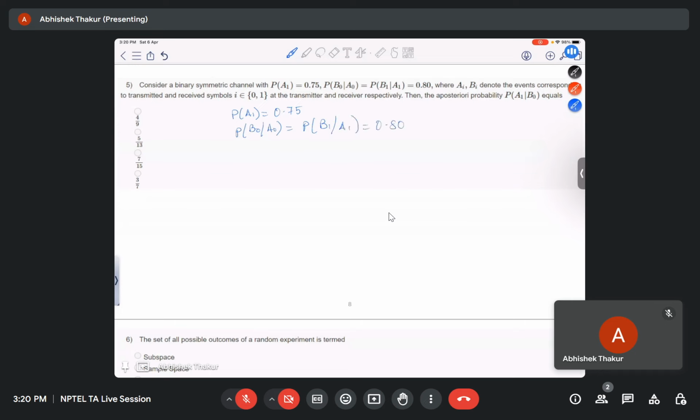AI and BI denote the events corresponding to transmitted and received symbols, where I is 0, 1 at the transmitter and receiver respectively. Then the a posteriori probability of A1 given that B naught has occurred is asked.